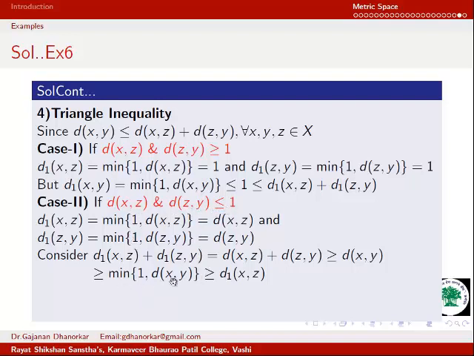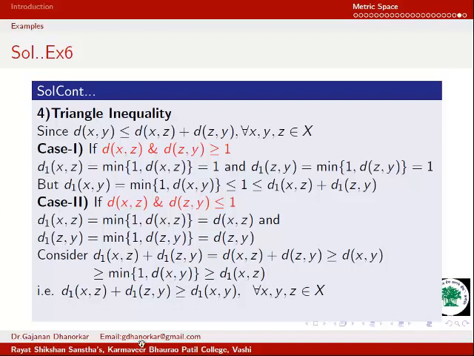And this is, as per definition, d1 of xy. Here we have to write y instead of z, because this is d of xy. This should be y. Now this is greater than or equal to d1 of xy, and this is the whole triangle inequality in both cases.